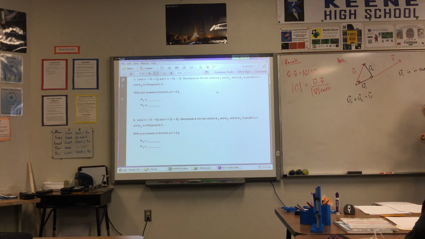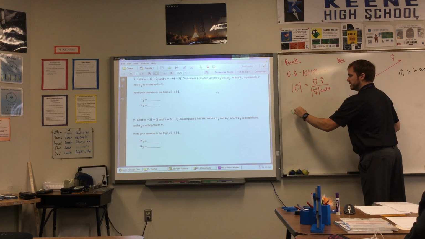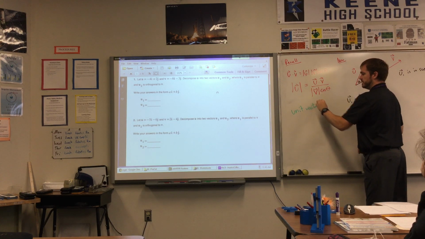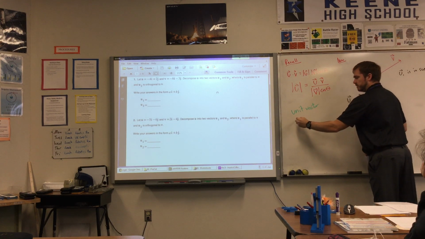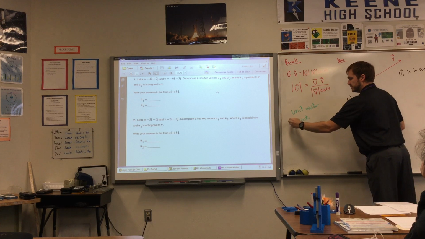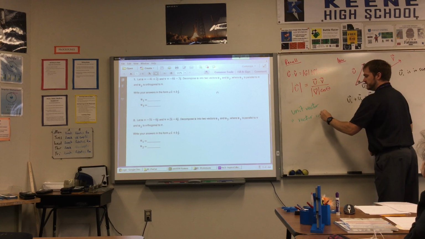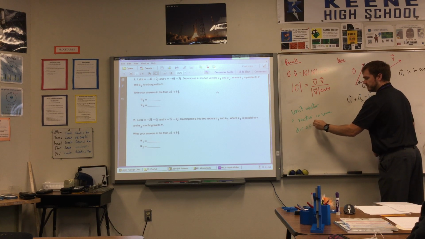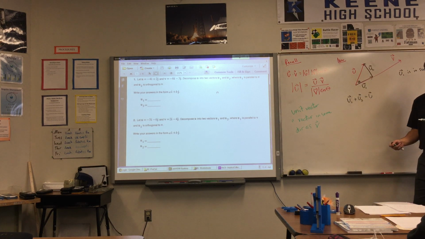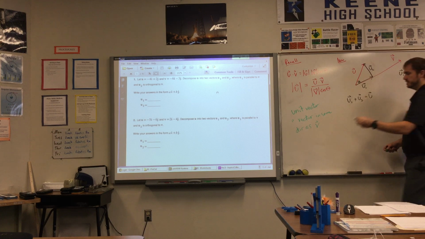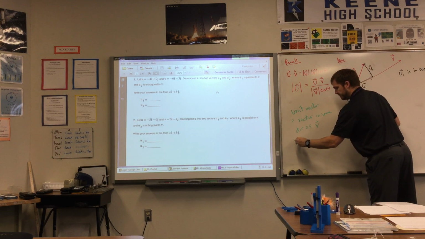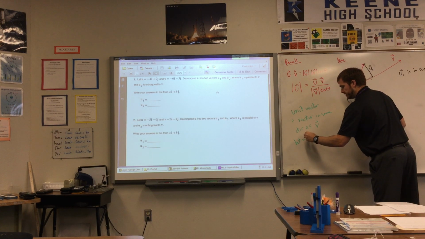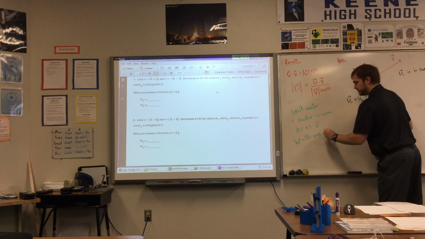Remember the unit vector? The unit vector was a vector in the same direction as v. But what is its magnitude? What is the magnitude of the one unit vector? Just one.